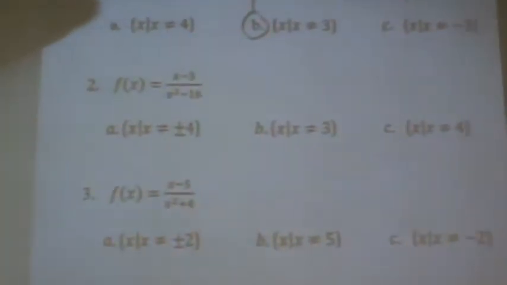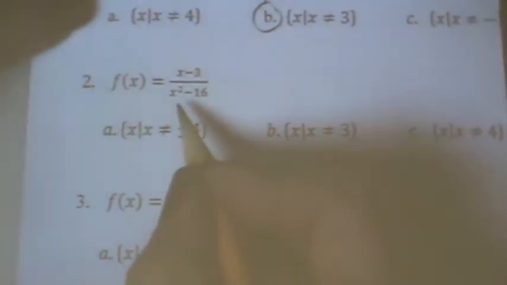For number 2, again, you're going to want to look at your denominator. You're going to want to factor x squared minus 16. So you set your denominator, x squared minus 16, equal to 0. This is the difference of two perfect squares.